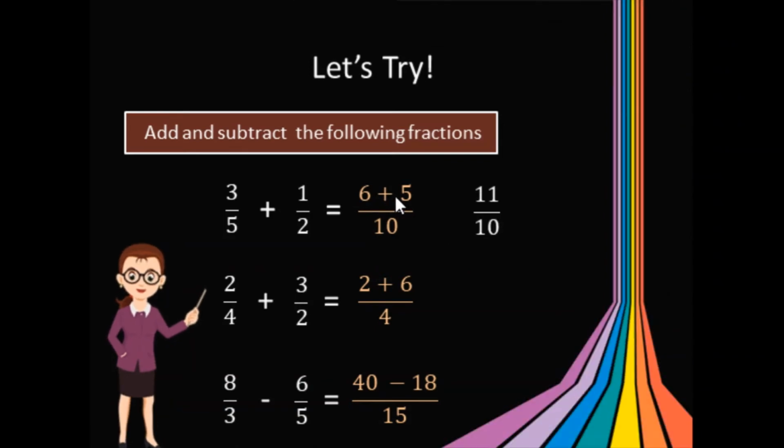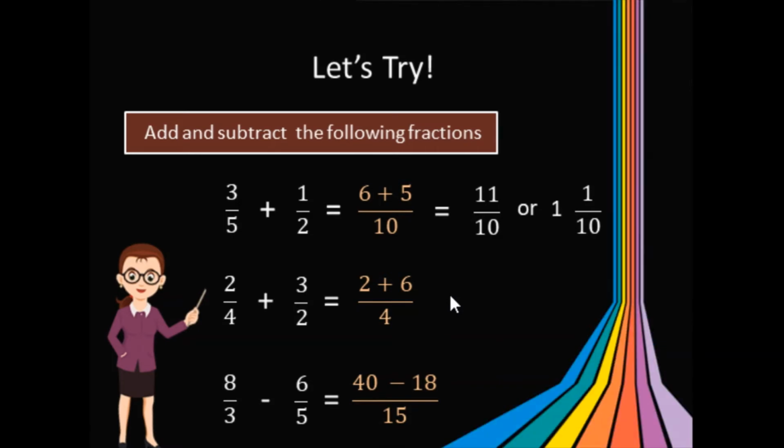6 plus 5 over 10 is equal to 11 tenths, or 1 and 1 tenth. Okay, number 2 or next item. 2 plus 6 is 8. It's 8/4 or 2.